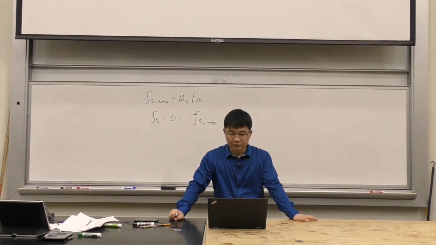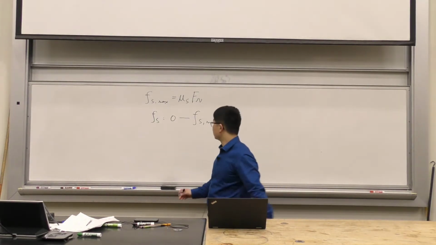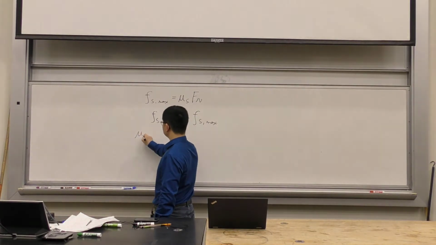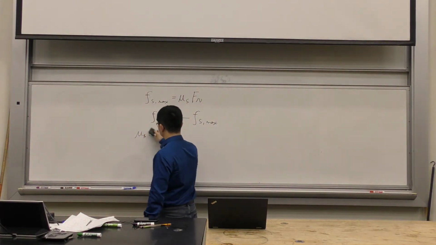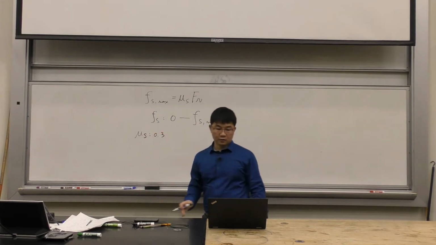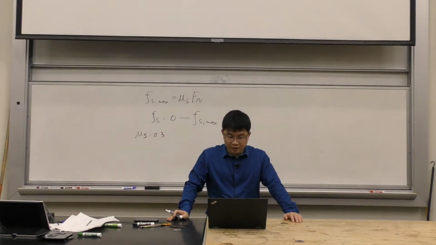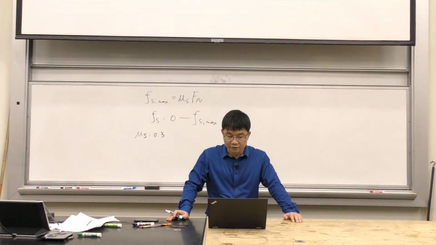The coefficient of static friction between the block and the wall is 0.3. So the problem already gives us this mu s, and in this problem it is 0.3. Determine the possible values of the magnitude of P that allow the block to remain stationary.